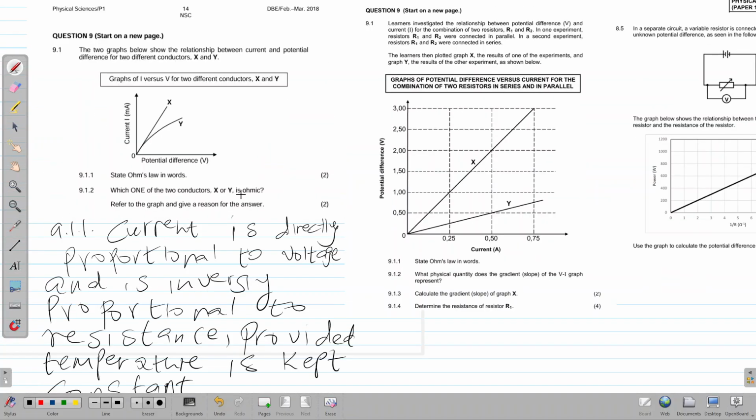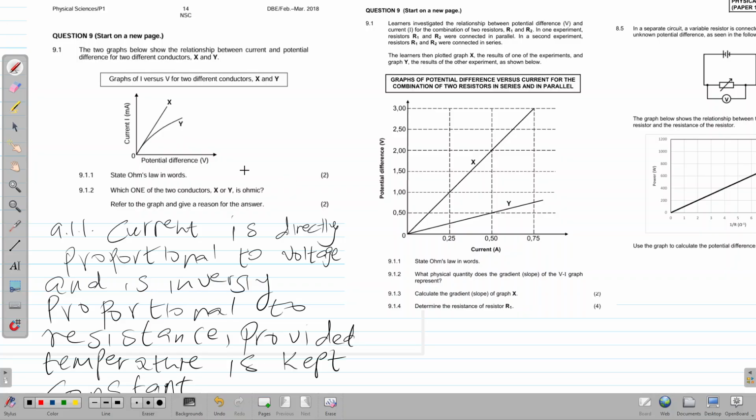Which one of the two conductors, X or Y, is ohmic? And then you can refer to the graphs. You can see that for the graph of conductor X, we have a straight line which shows that the relationship between current and potential difference is linear. And for conductor Y, we have a curve.